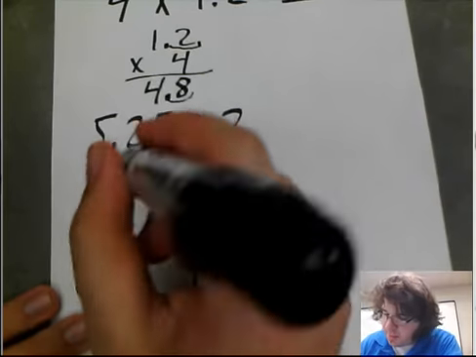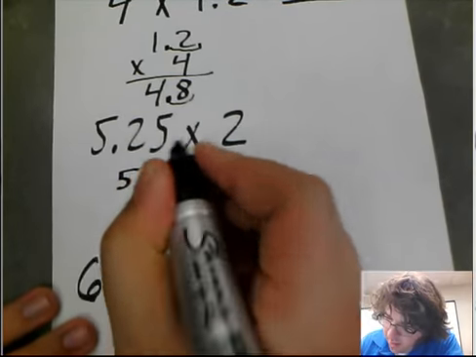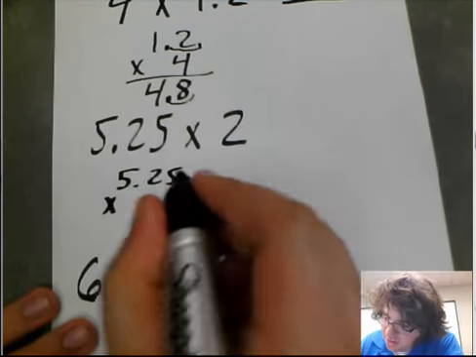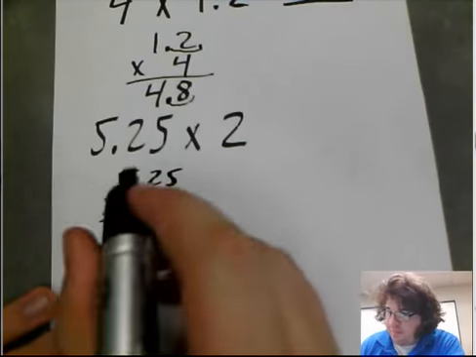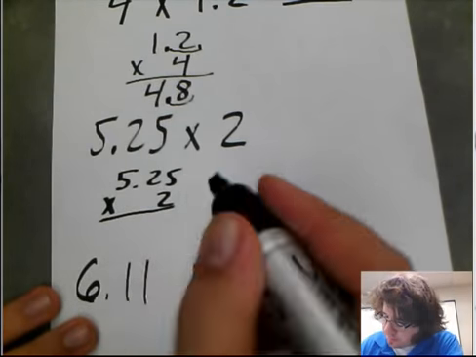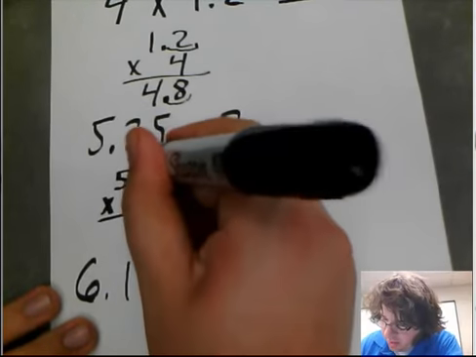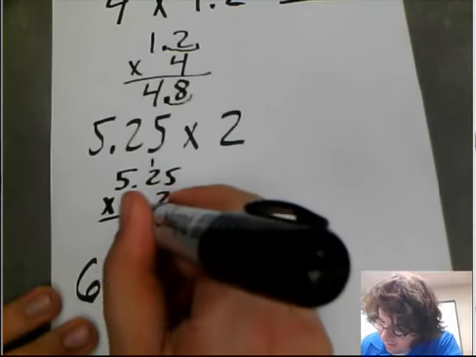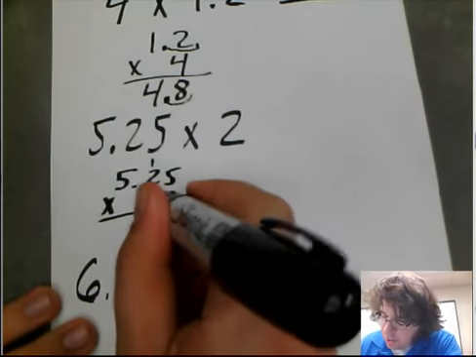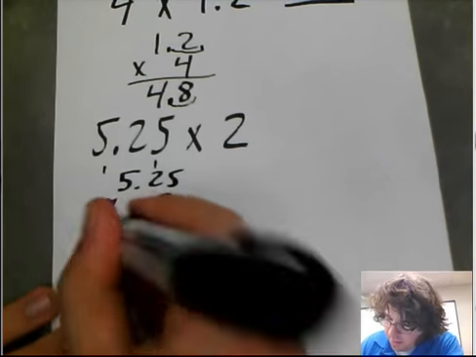Alright, let's try this one. Again, the number with more digits goes up top. Alright, 5.25 times 2. 2 times 5 is 10. Write the 0, carry the 1. 2 times 2 is 4, plus 1 is 5. 2 times 5 is 10. 0, carry the 1, and we drop it.